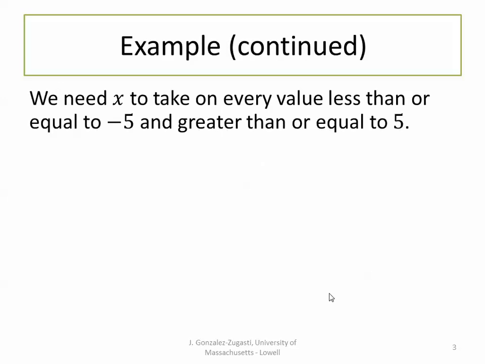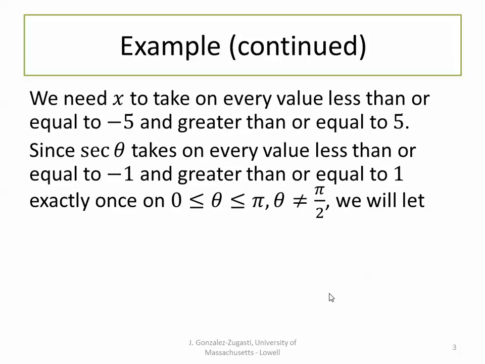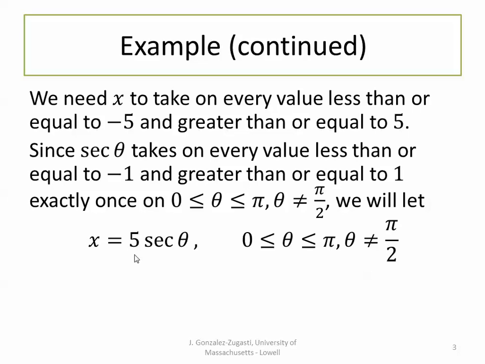Well, what we can do is consider this function secant theta. The function secant theta takes on every value less than or equal to negative 1 and greater than or equal to 1 exactly once on the interval 0 to pi, as long as theta doesn't equal pi over 2. Since that's the case, we're going to let our x be equal to 5 times secant theta.